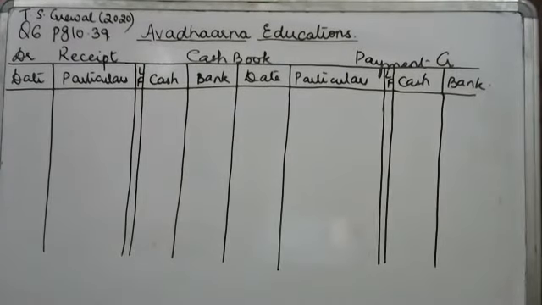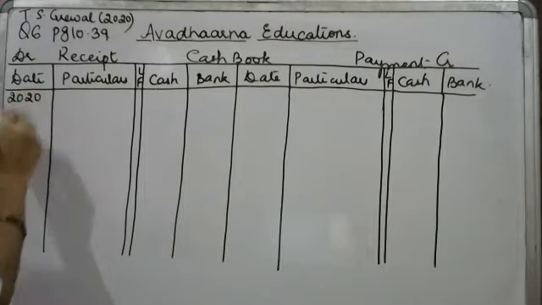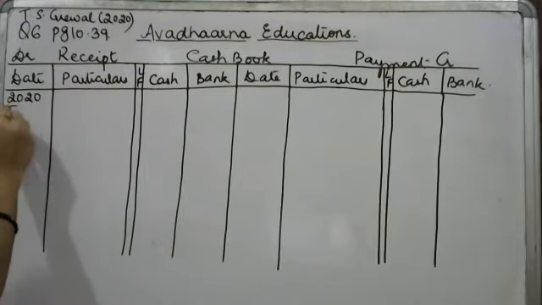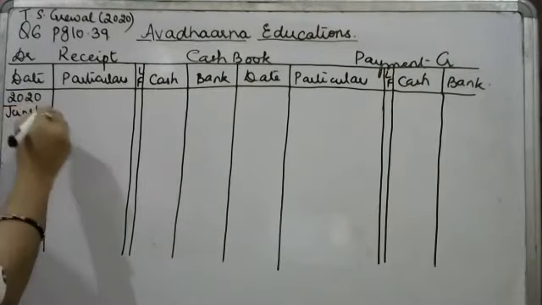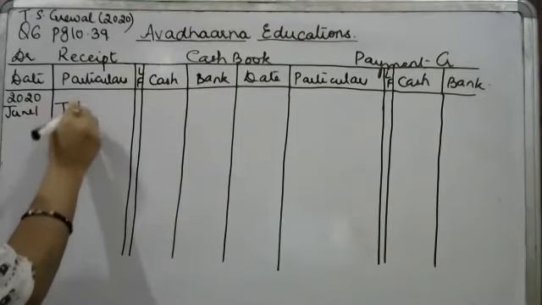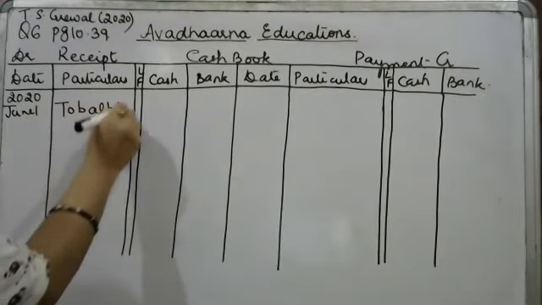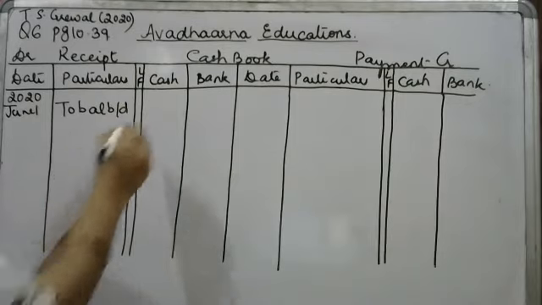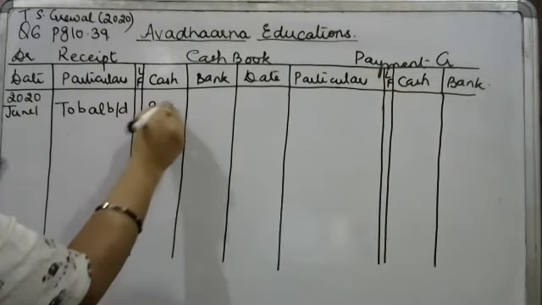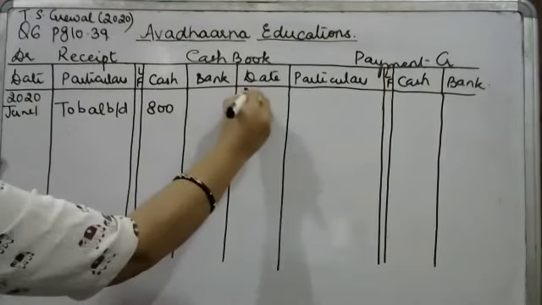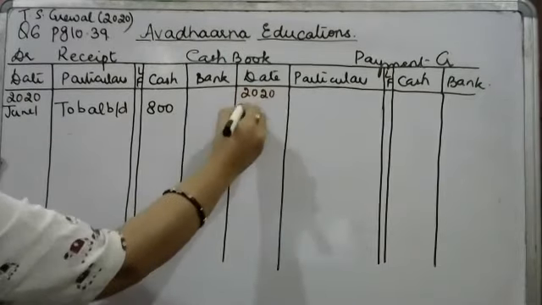Now the first transaction is on June 1st, 2020, cash in hand and bank overdraft. Now let's put the year on the top. June 1st, To Balance Brought Down. देखिए कैश का आपका पॉजिटिव बैलेंस है, कैश इन हैंड 800 है, लेकिन बैंक ओवरड्राफ्ट है, तो बैंक ओवरड्राफ्ट का बैलेंस हम क्रेडिट साइड पे लिखते हैं.